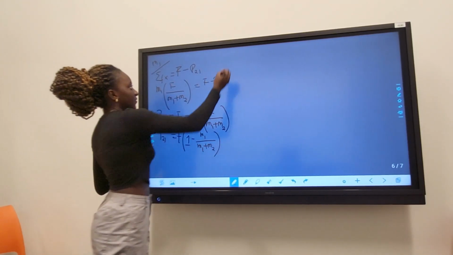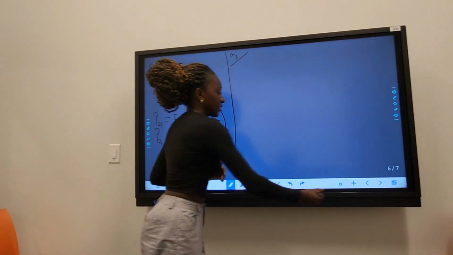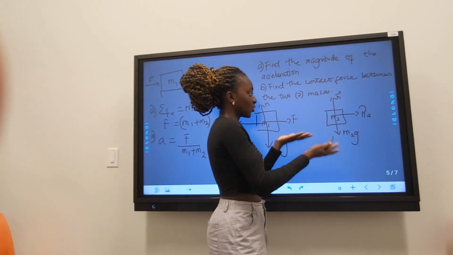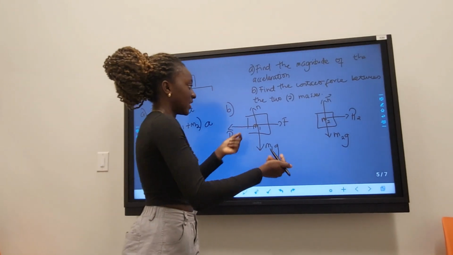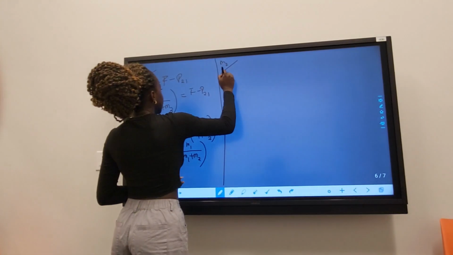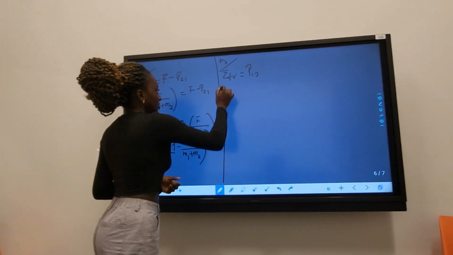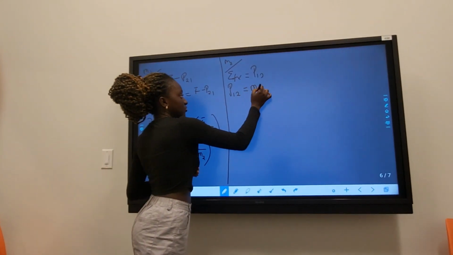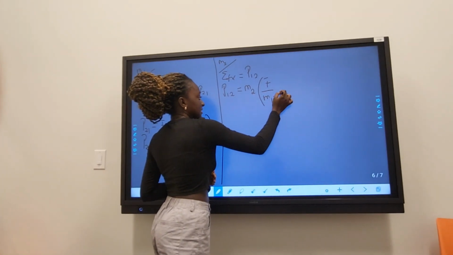Now we resolve the forces on m2. You can go back to the diagram and look at how we resolve the forces on m2. You can see that there's only one force acting in the x direction for m2, and that is P12. So we know the summation of Fx will be equal to P12. So P12 is equal to m2 times F over m1 plus m2.